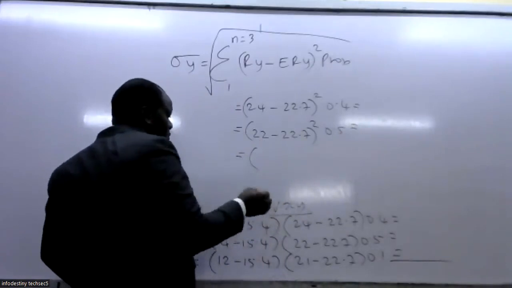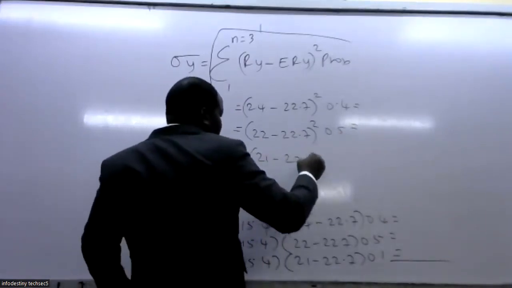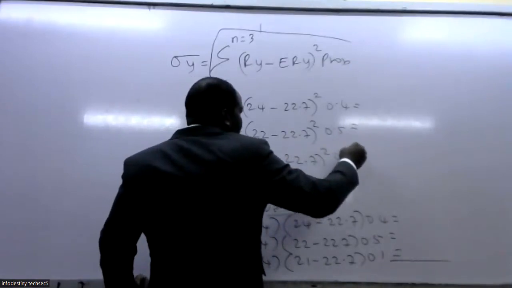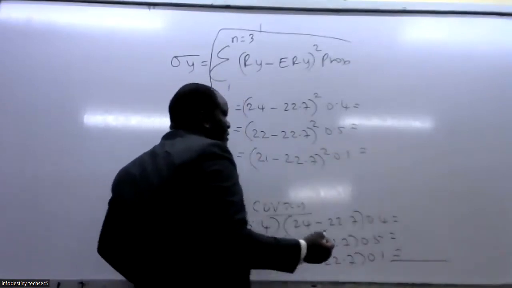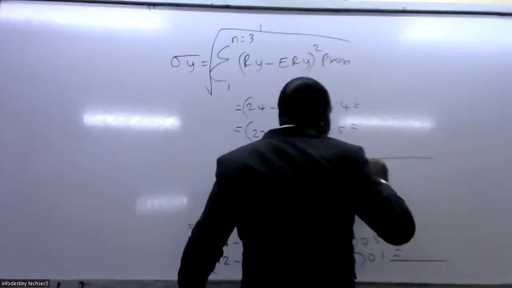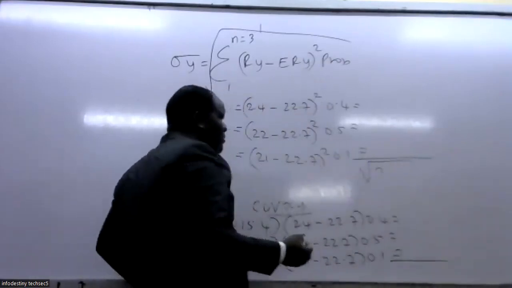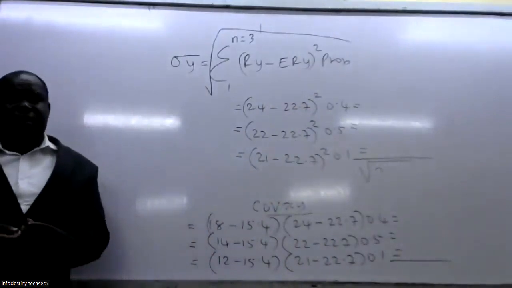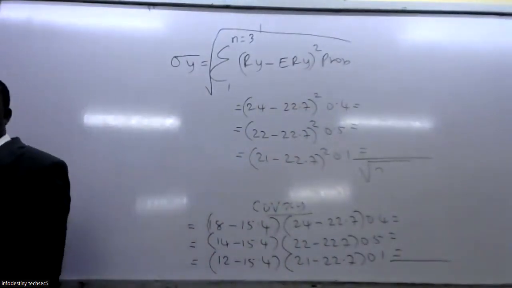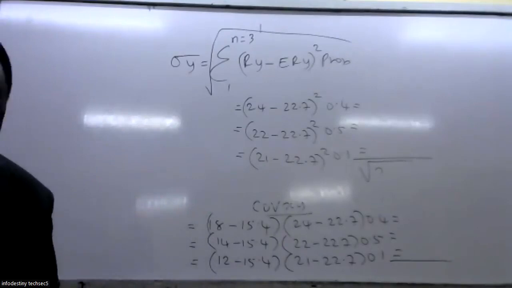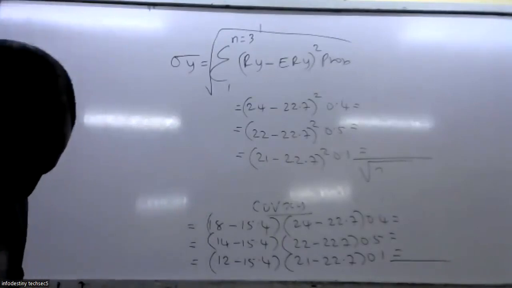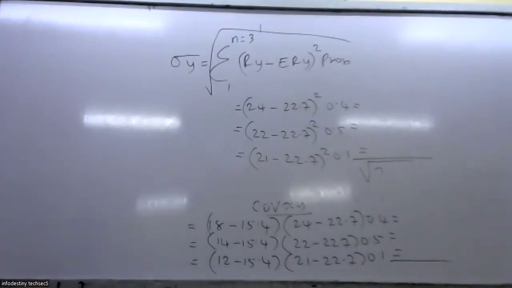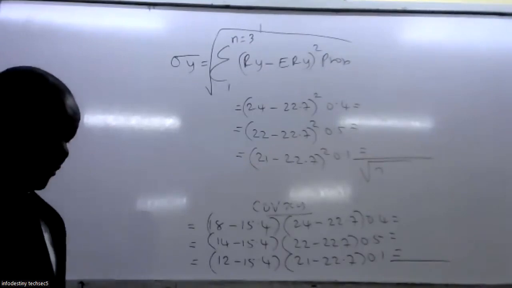The next one is 21 minus 22.7, squared, times 0.1. So we get that total, and then we shall be able to come up with the square root.